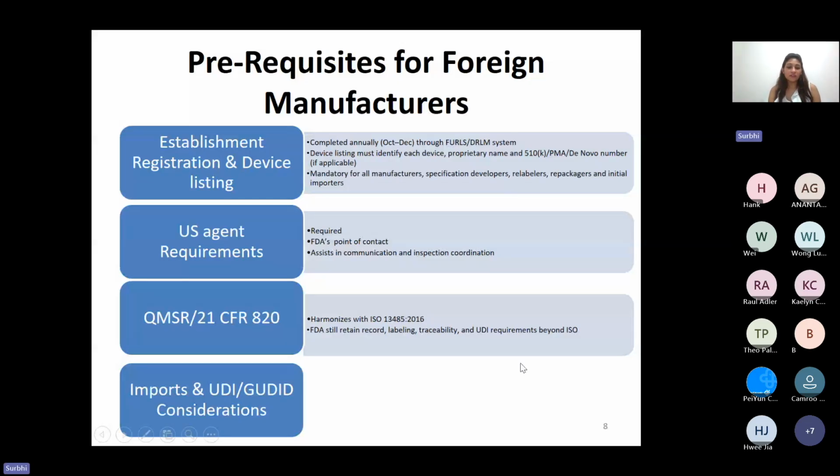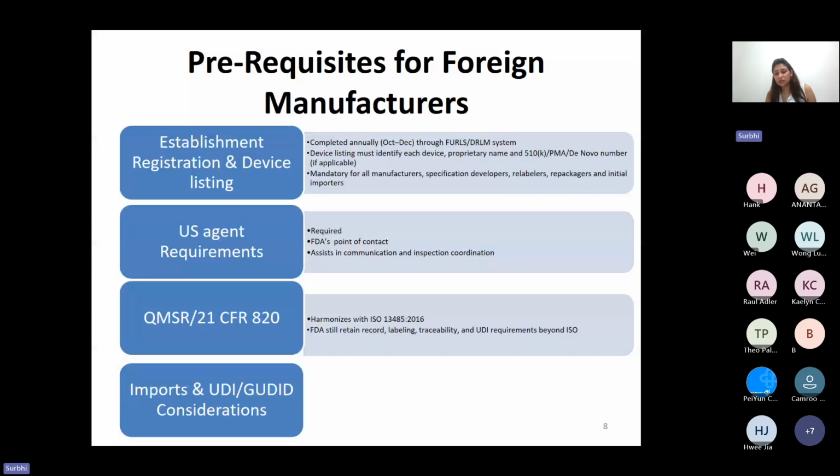Then another very important requirement for all foreign manufacturers plus local manufacturers is to comply with 21 CFR 820, which is their quality management system, which they call QMSR, but now it is harmonized with ISO 13485 and will become effective from May 26, 2026.